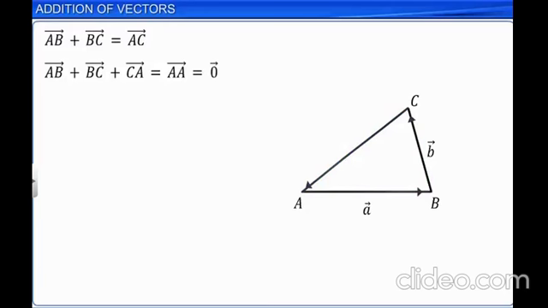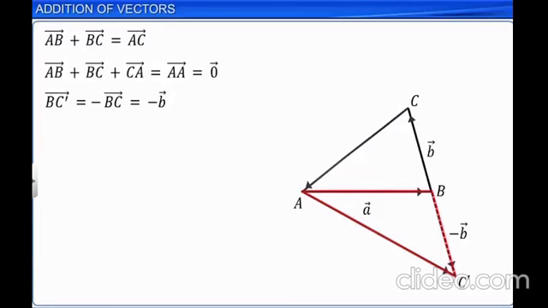Now, let us draw a vector BC' that is equal in magnitude but opposite in direction to vector BC. Thus, vector BC' is equal to minus of vector BC. In triangle ABC', vector AC' is equal to the sum of the vectors AB and BC'.